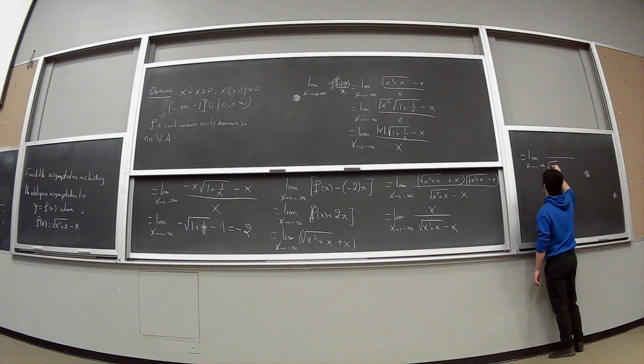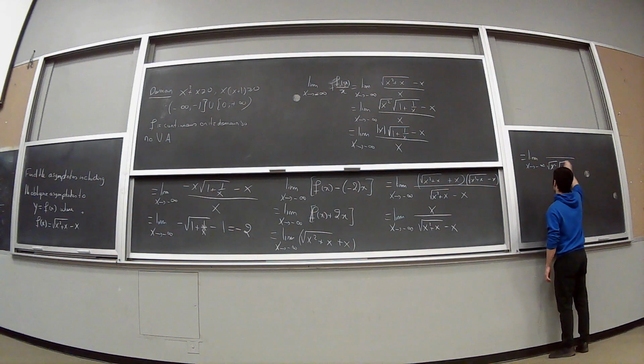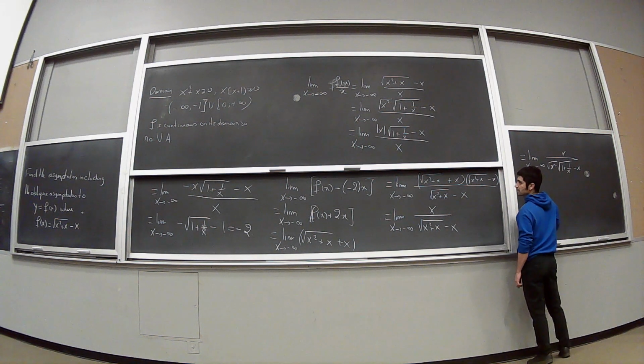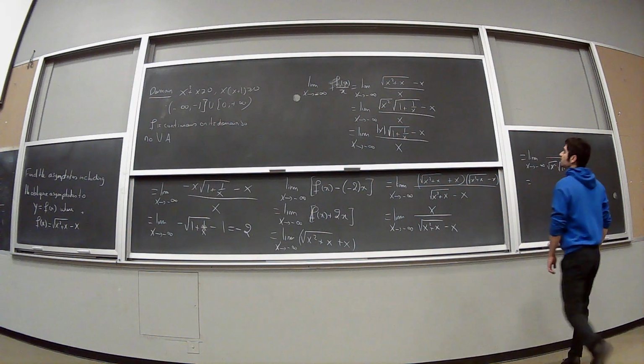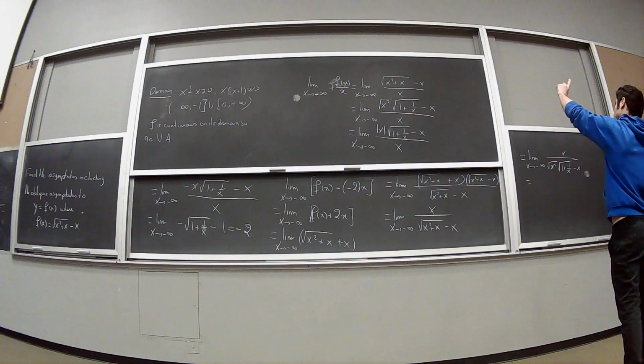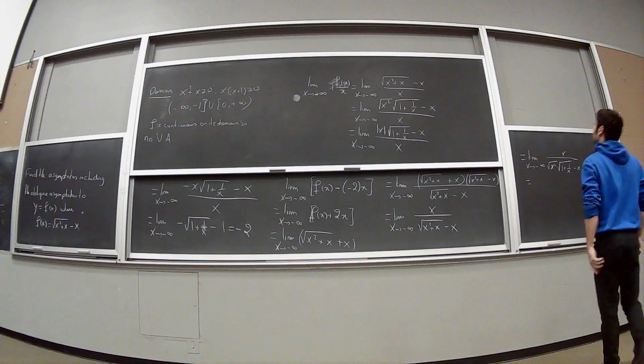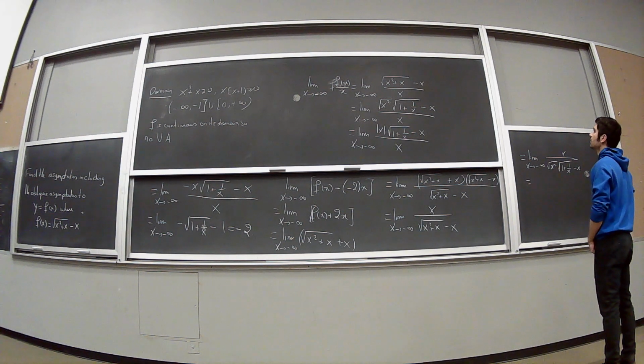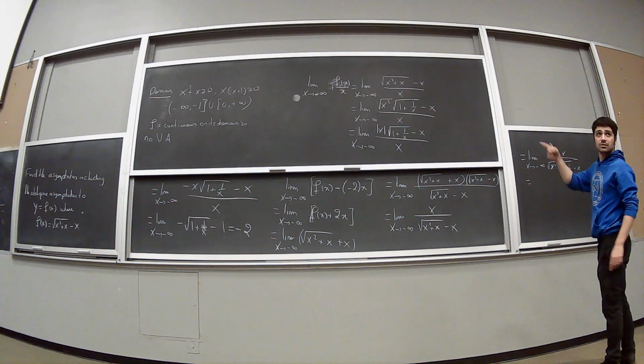It's root of x squared, root of 1 plus 1 over x, minus x over x. I mean, it's the same limit that you had before, I think. Is it the same? It's 1 over that, right? You guys see it's 1 over this?